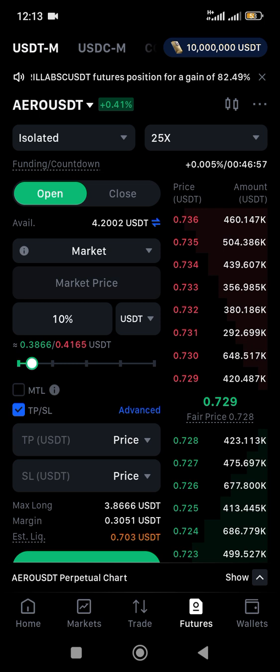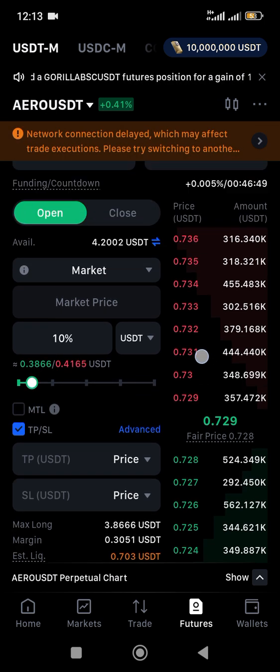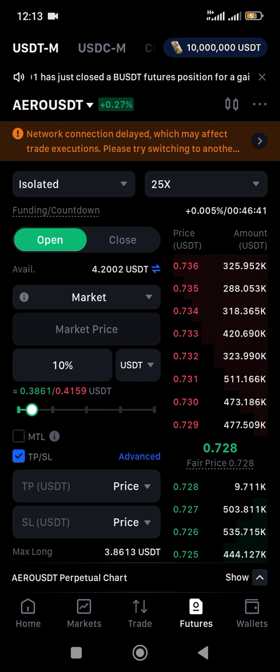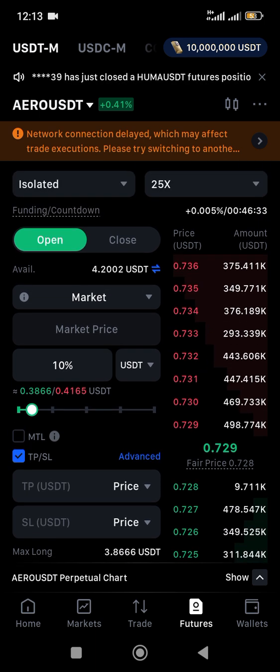You can see 10% of this is 0.388, so I can now trade with 0.3 because I've increased the leverage. Watch the video I made on how to apply your leverage for a profitable trade, so that you will understand more about leverage.